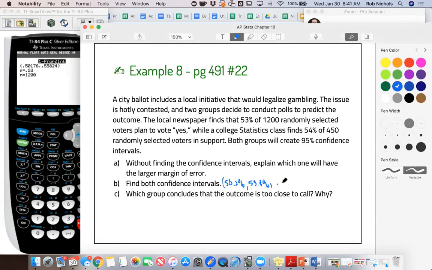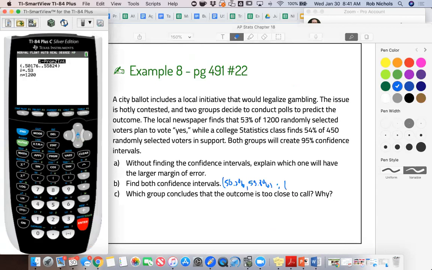And then for the confidence interval for the stat class, again, we go to stat, tests, 1 proportion z interval, and then we do 0.54 times 450. We get a whole number, hopefully, and we have 450, and then 95%.